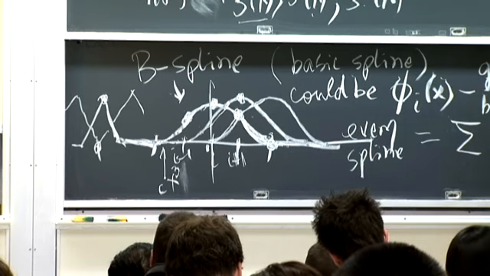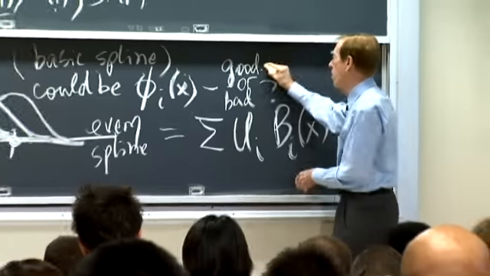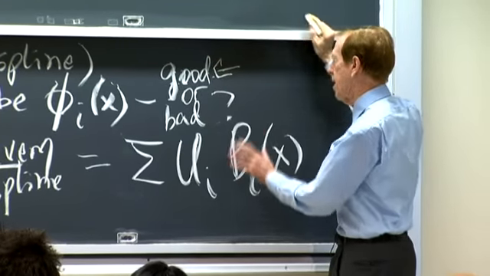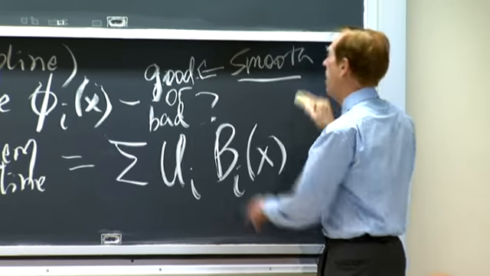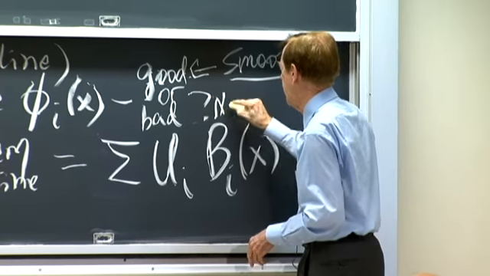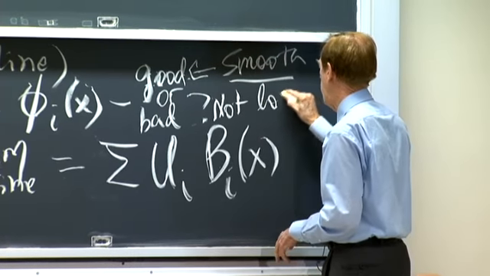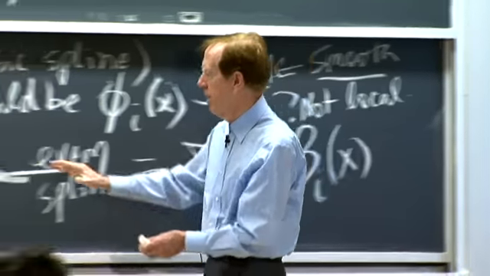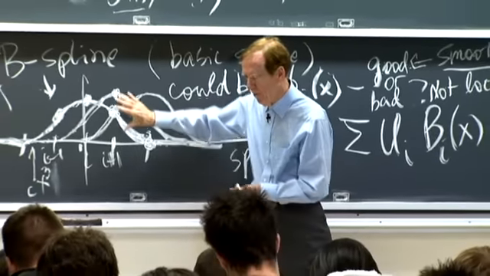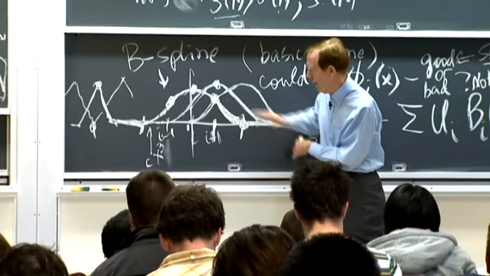And that's why, so good, I would say good because it's smooth, but bad because it's not fully local, not completely local. It's reasonably local in that there are only 3 functions that are affecting these points.